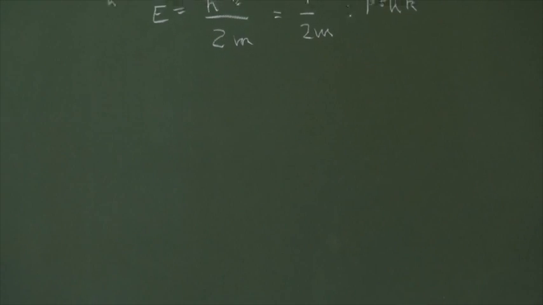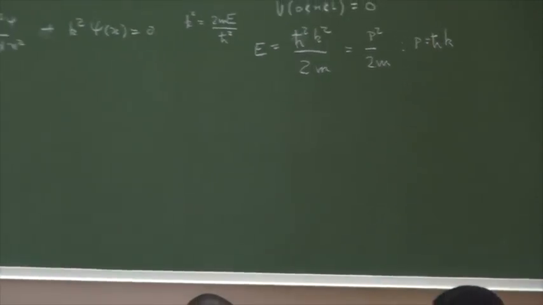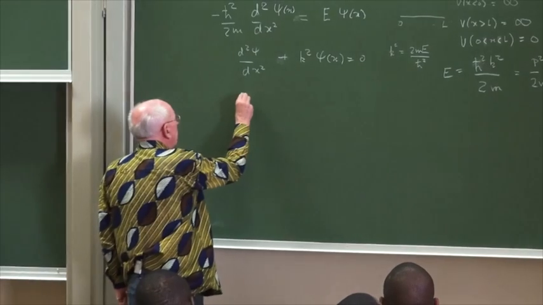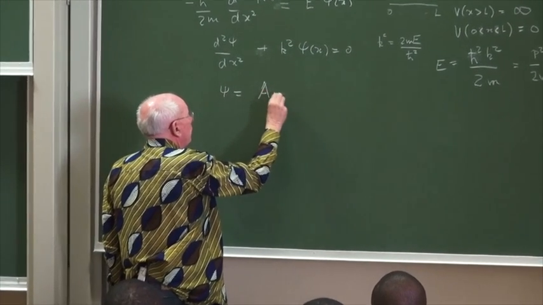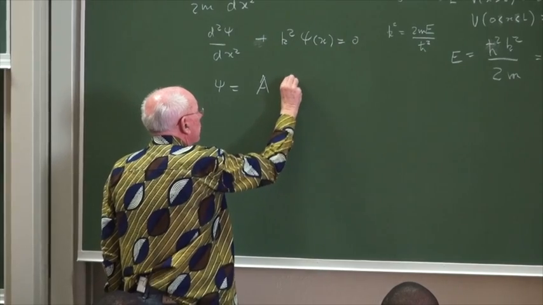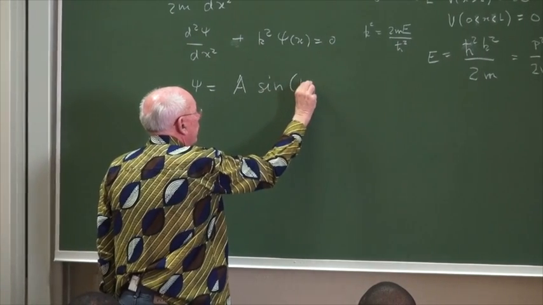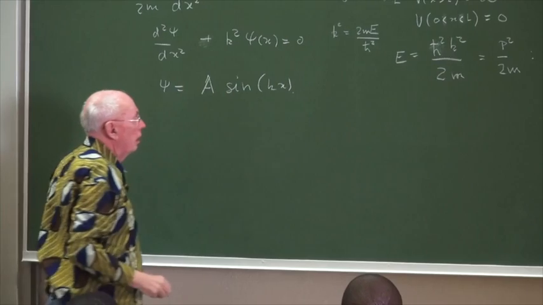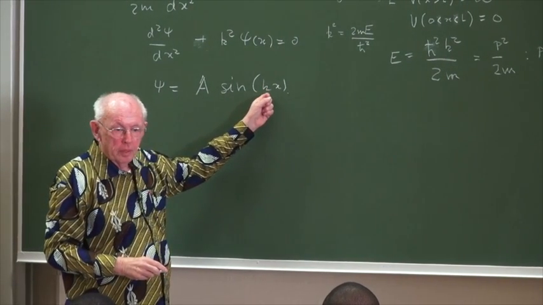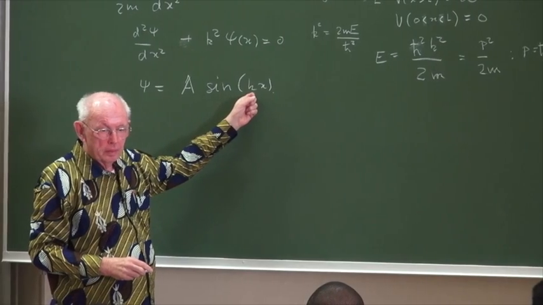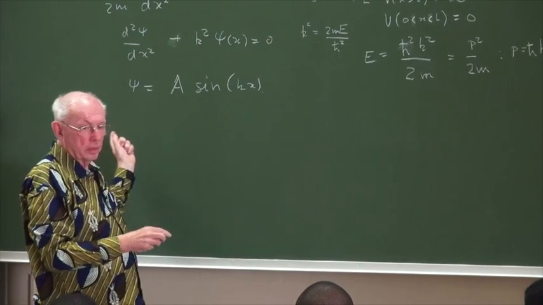So we did this, and we said psi is equal to some amplitude times sine kx, and this has the right value at 0. The amplitude is 0.